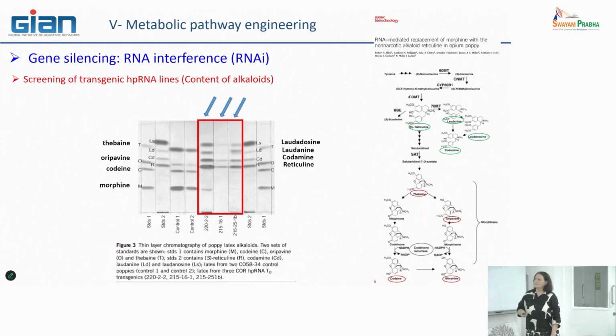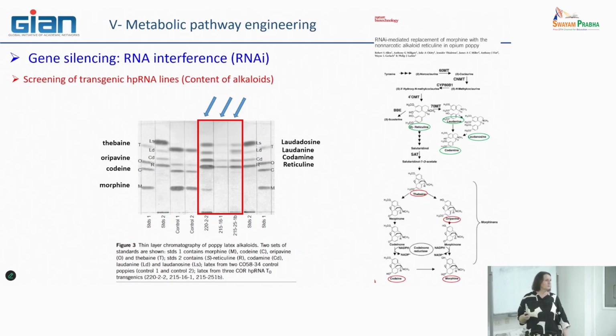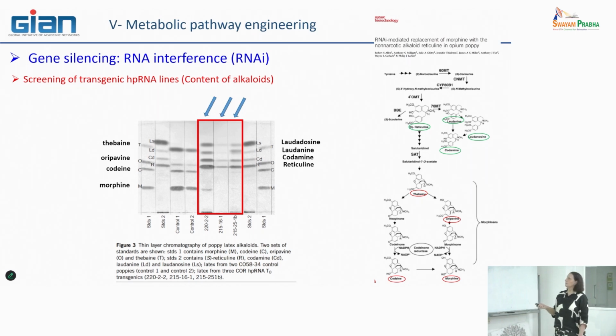And after that, they make several experiments. Here, for example, I show you only what happens concerning the alkaloid contents of the plants that have been targeted for all of these specific enzymes. You can see here there are 2 distinct parts in the metabolic pathway.